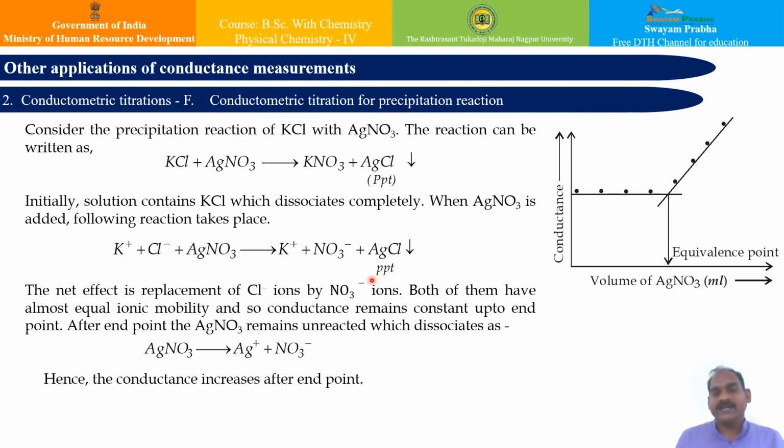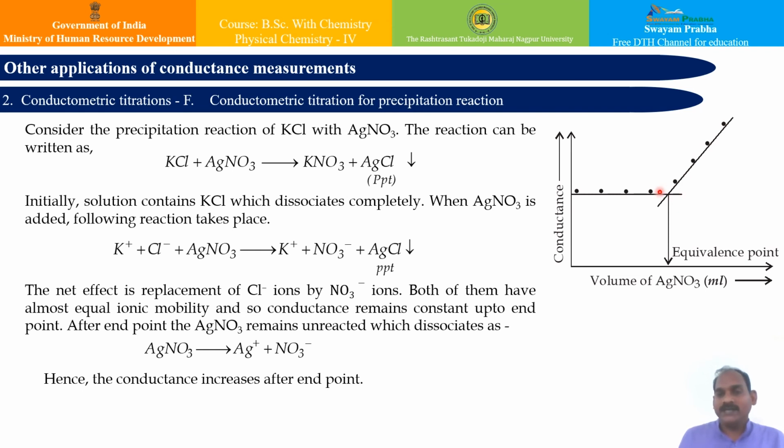So the net effect here is the replacement of chloride ions by nitrate ions. Both of them have almost equal ionic mobility, and therefore the conductance remains constant up to the end point. You can see this in the figure. Since chloride ions are being replaced by nitrate ions, your conductance does not seem to be affected by the titration, and therefore it remains constant till the end point.